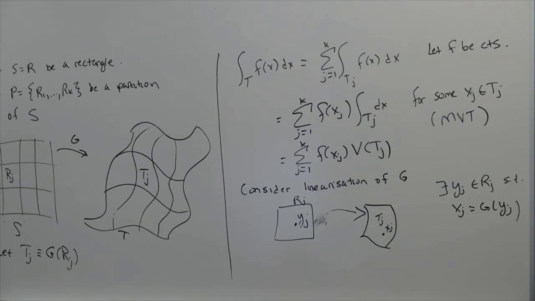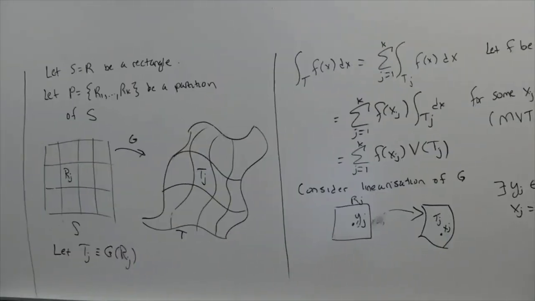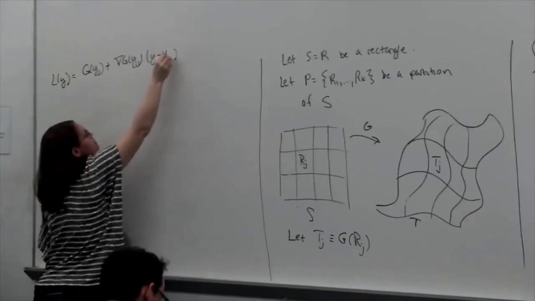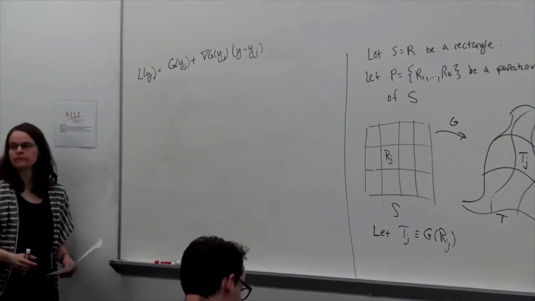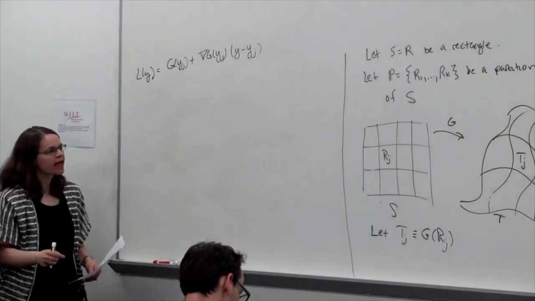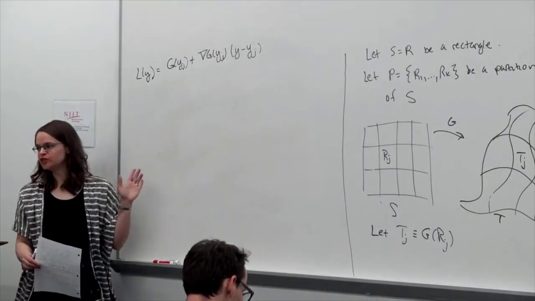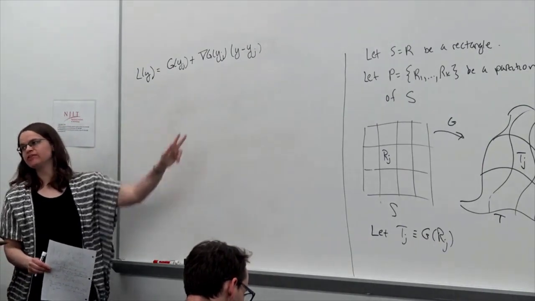Okay, so L of y is going to be this linearization. It's going to be g at my reference point plus the Jacobian of g at that point times y minus yj. Okay, and now good news, g is differentiable. G kind of looks like this locally.